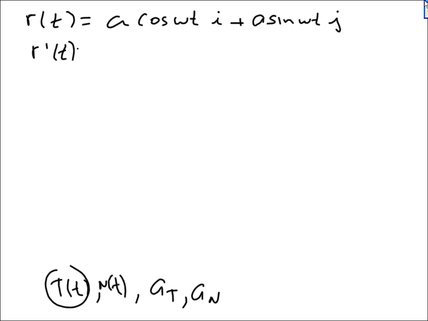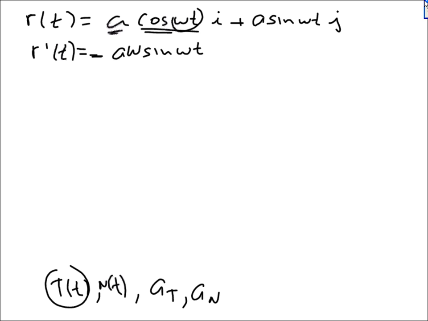So r of t is the constant times the function. Constant stays there. The derivative of cosine of any angle is negative the sine of the same angle, the angle never changes, times the derivative of the angle.